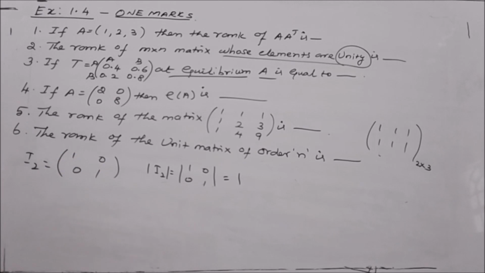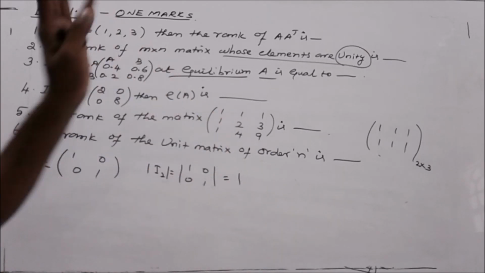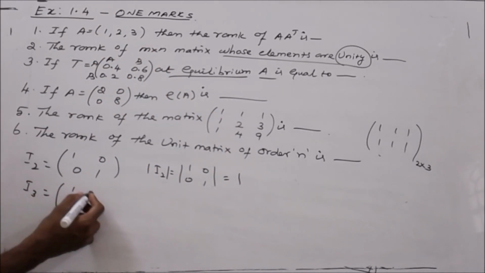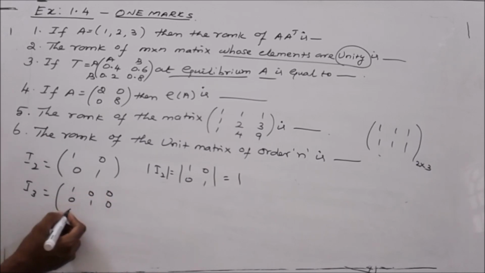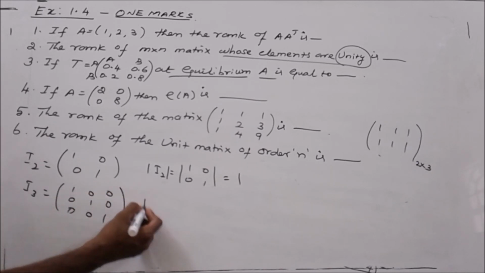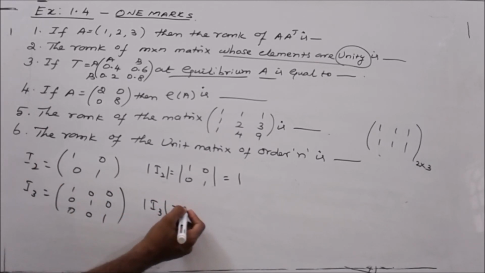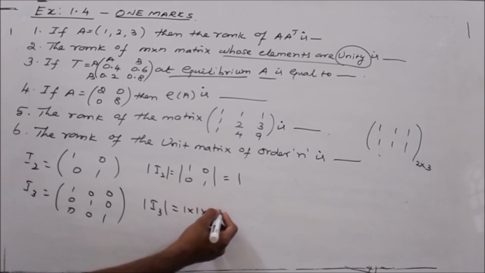For a diagonal matrix, to find the determinant value, multiply the diagonal, that is enough. So multiplying 1 into 1, 1. And for I3, 1, 0, 0, 0, 1, 0, 0, 0, 1, the determinant of I3 is also, as it is a diagonal matrix, the product of the diagonal elements, 1 into 1 into 1 equal to 1.